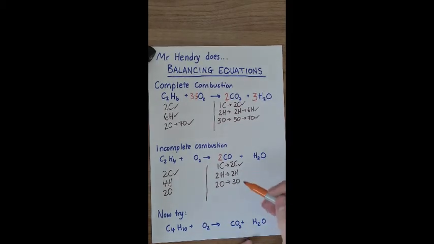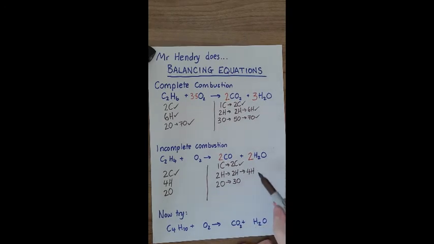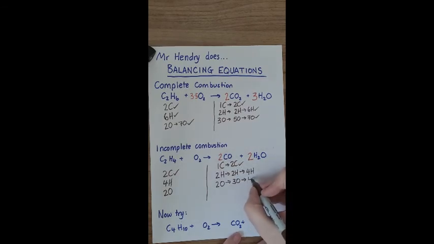Again, the same as last time, we've got 2 hydrogen here, we need to get to 4, so we're going to put a 2 in front of the water to give us 2 multiplied by 2 to give us 4 in total hydrogen, which is the same as what we've got in the reactants. Once again, we need to make sure we count the number of oxygens each time. So this time we've got 2 times 1 to give us 2, plus 2 times 1, we have 4 oxygens in total.